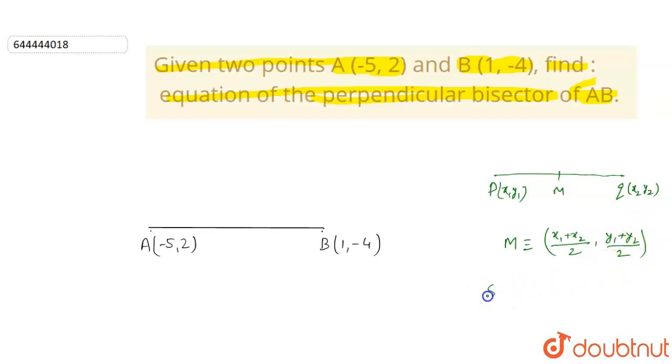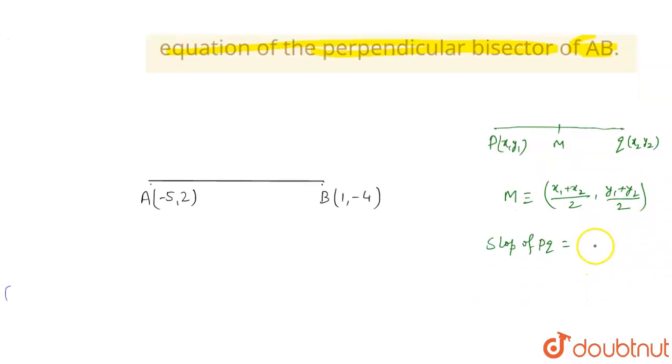And the slope of PQ will be y2 minus y1 upon x2 minus x1. This is the concept. You can remember it.